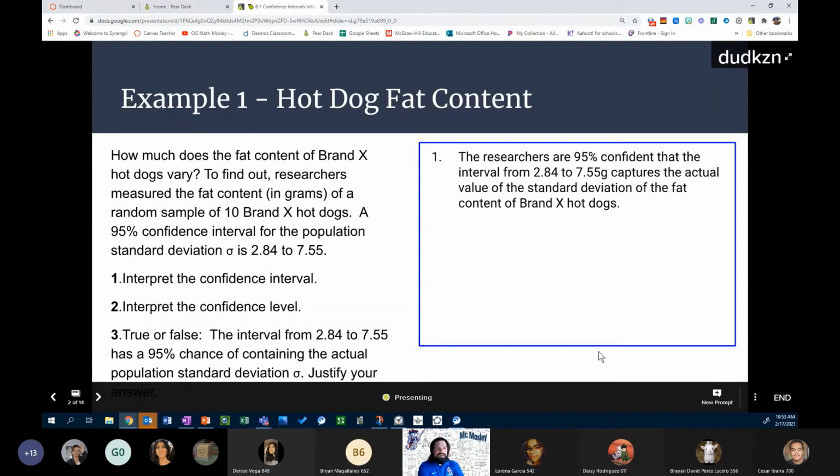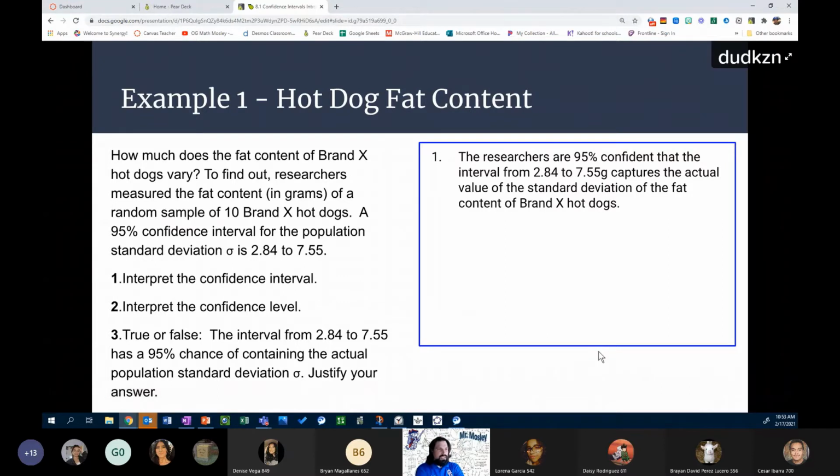So the researchers are 95% confident that the interval from 2.84 to 7.55 grams captures the actual value of the standard deviation of the fat content of brand X hot dogs. The verbiage being used is very important. We're saying we're 95% confident. We are not saying there's a 95% chance or a 95% probability.